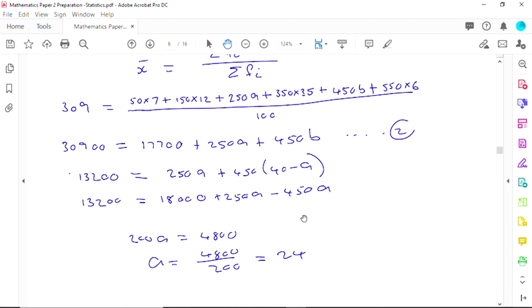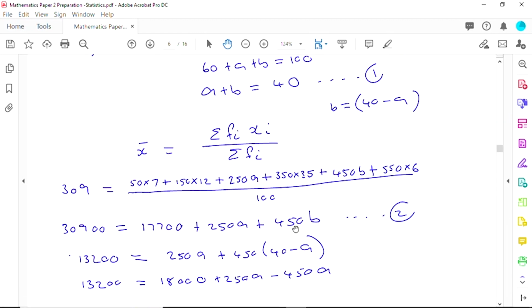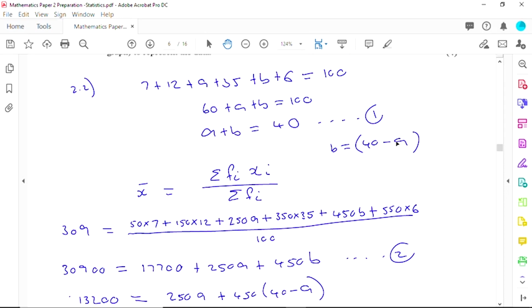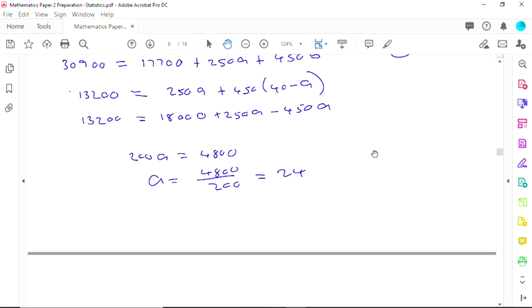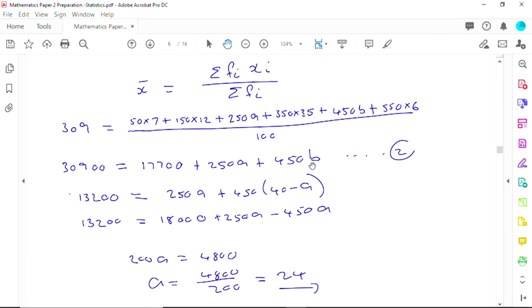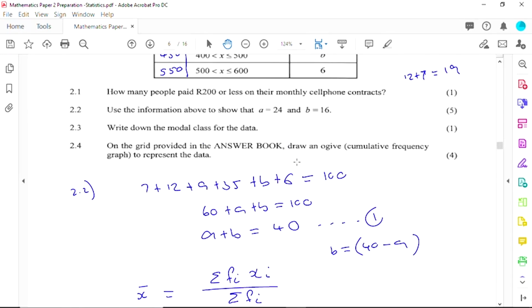So A is equal to 24. Replacing 24 into this equation, B is equal to 40 minus A, which is equal to 16. Solving our problem, we have A is equal to 24 and B is equal to 16.